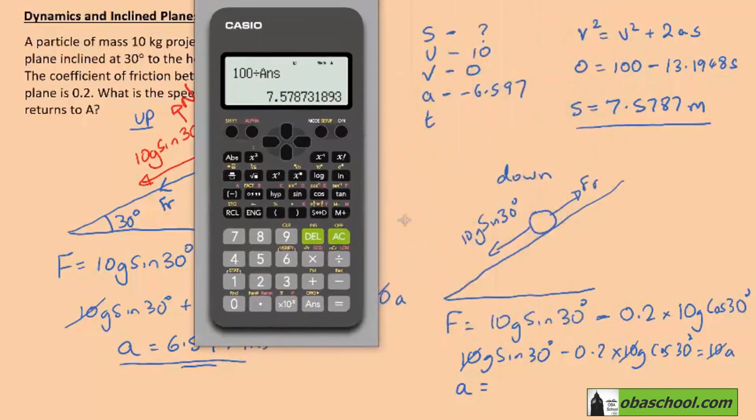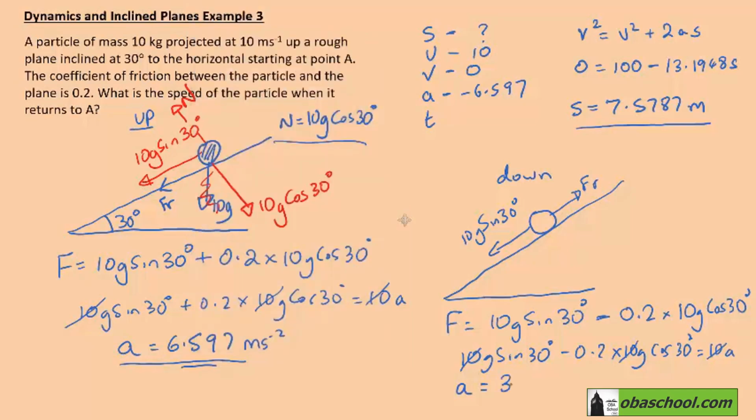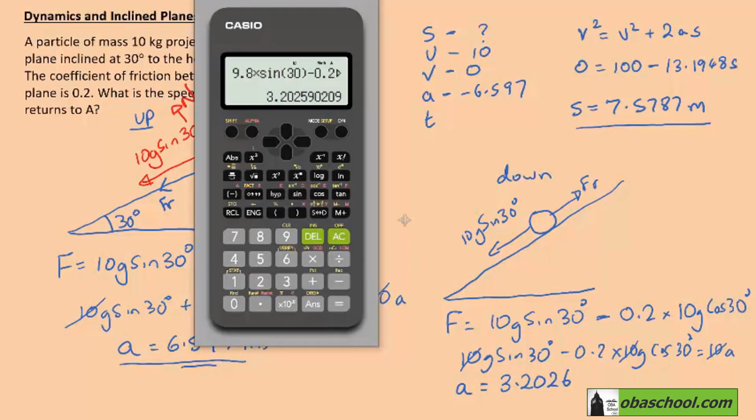So that is going to be 9.8 times sine 30 take away 0.2 times 9.8 times cos 30. And that's 3.2026. Just check that. 3.2026. Yep.